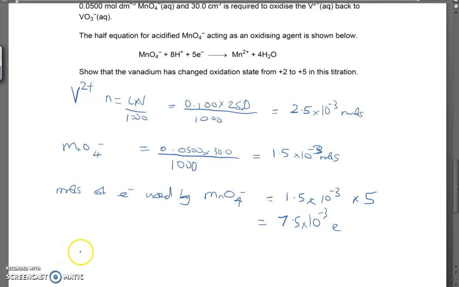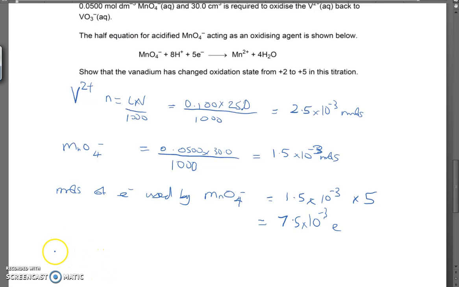Now, those electrons have been released by the vanadium 2+. So now we know the number of moles of vanadium 2+, so we can identify how many electrons per vanadium 2+ species have been released.